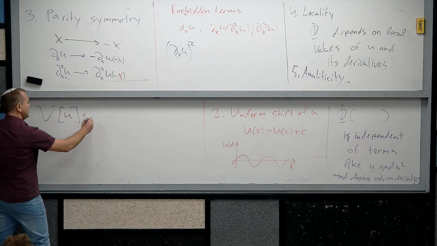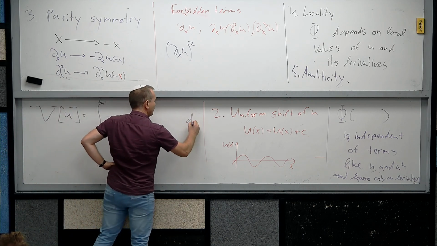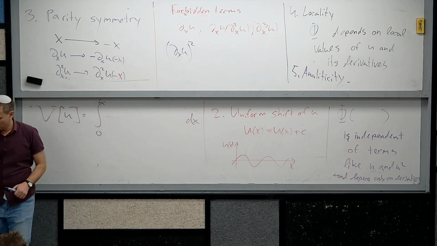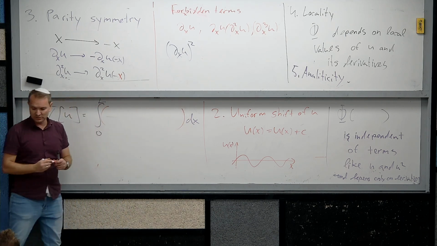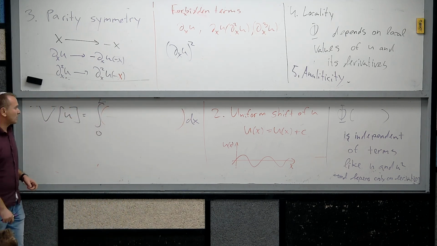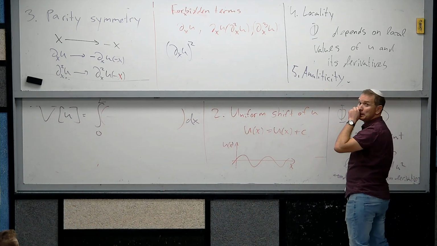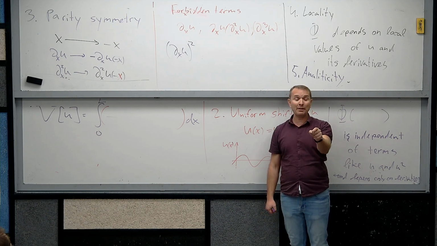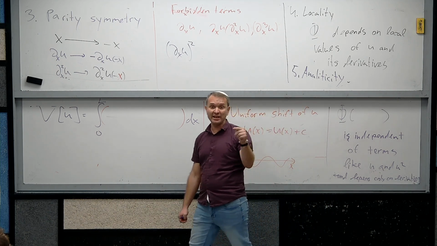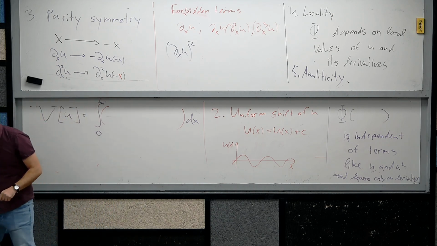And I'm saying that this is an integral from 0 to L of something dx. Inside here, I start to put different terms. Now, first of all, I'm using analyticity, meaning I'm not going to say exactly what this function is, but I'm going to represent it by a Taylor expansion, a local Taylor expansion at each position.